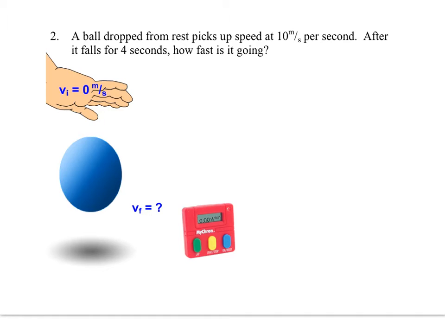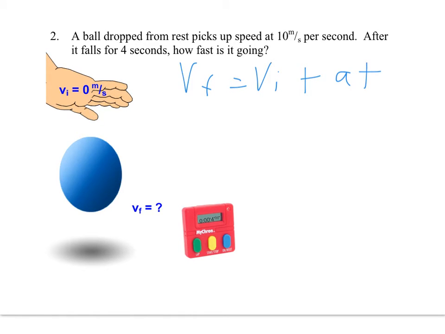Okay, so let's apply this line of thinking to solve a physics problem. It says a ball dropped from rest picks up speed at 10 meters per second. After it falls for 4 seconds, how fast is it going? This is an application of our instantaneous velocity equation, which says v final equals v initial plus acceleration times time.